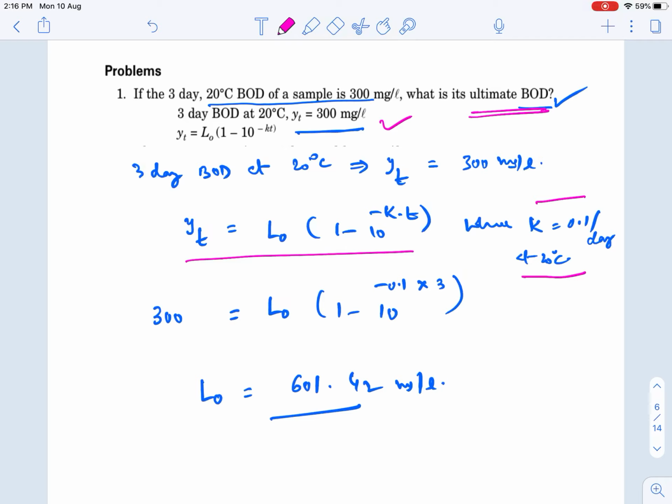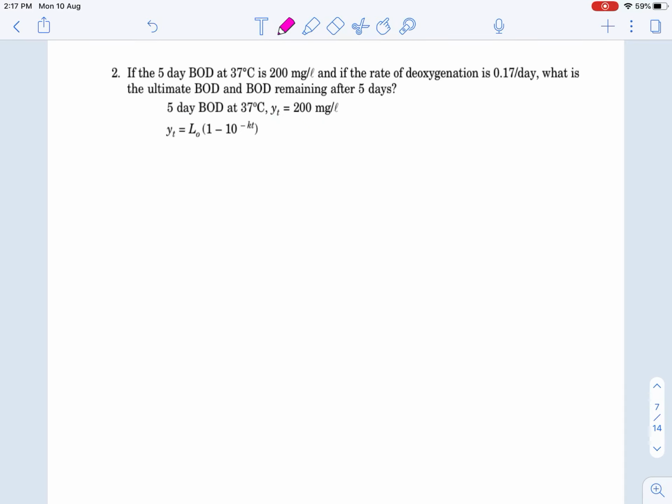YT is equal to L0 into 1 minus 10 to the power of minus k into t. In this, YT is the BOD exerted in 3 days, L0 we have to find out, k is the deoxygenation constant, and t is the 3 days time. From this you can calculate the ultimate BOD.